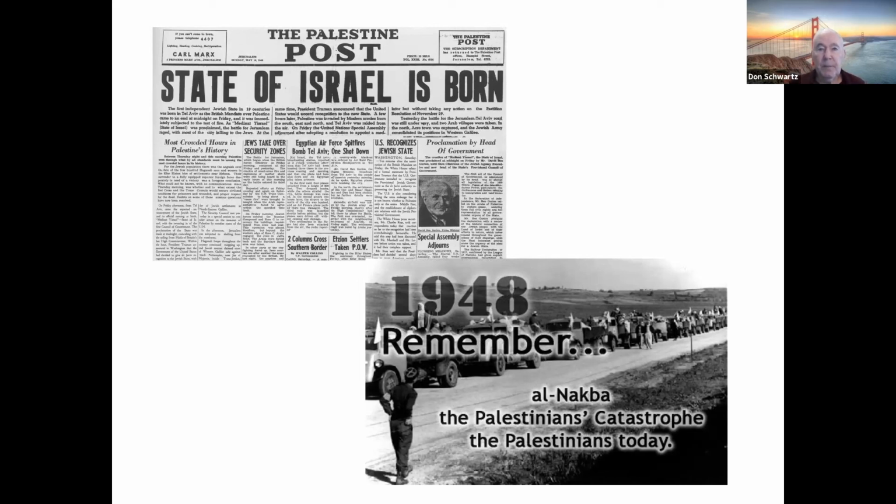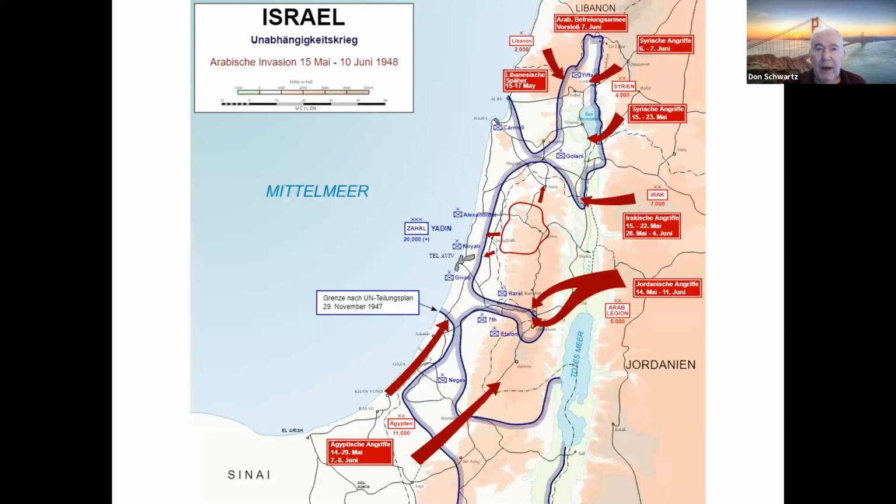On the day of independence, Egyptian planes bombed Tel Aviv, and the next day, armies from 5 Arab states, Iraq, Syria, Lebanon, Egypt, Jordan, as well as a token force from Saudi Arabia, went to war with the new Israeli nation.